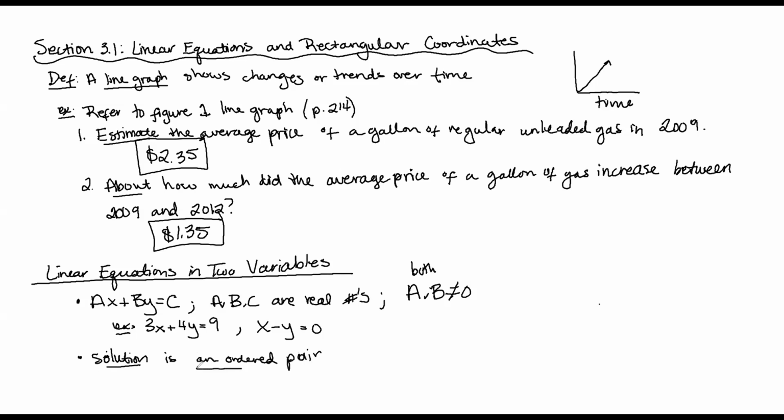And so remember, an ordered pair is that point x, y, where you have an x coordinate and a y coordinate. And so let's go ahead and first take a look at how to figure out whether or not a point is a solution to an equation.